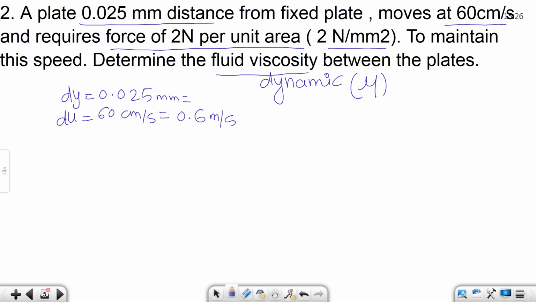You can convert dy similarly as 10 raised to minus 3 meter. Now as mentioned, force per unit area is 2, which we know is a shear force per unit area, which is directly given as tau. So tau is given as 2 Newton per millimeter square.